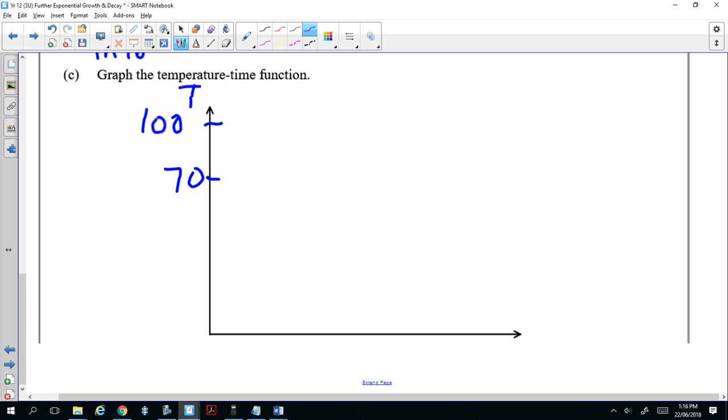And then after a while, after about 30 minutes or 29 minutes, it's about 25 degrees. Okay, so you can connect the dots, you get this, right?